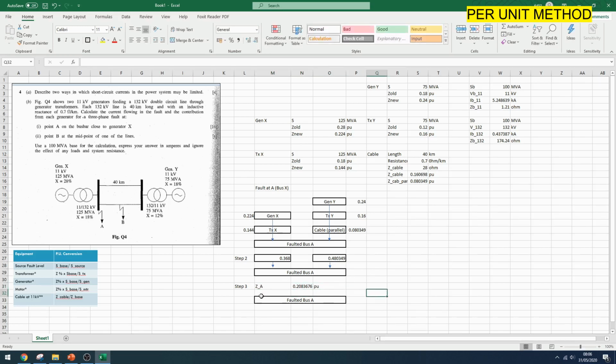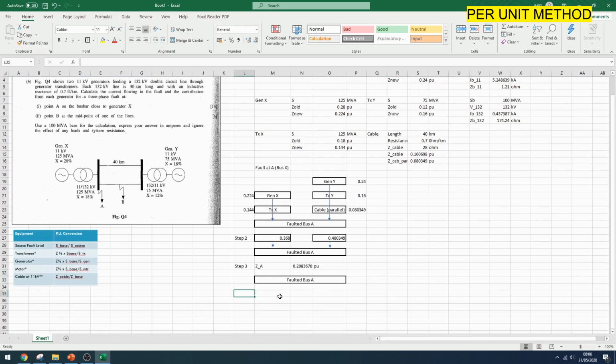Okay. Once you have gotten this per unit, now it's just to calculate your I base, I per unit for the short circuit level. So step 4, calculate the short circuit level at point A, which is still in per unit.